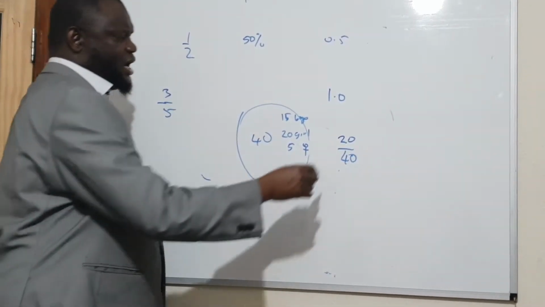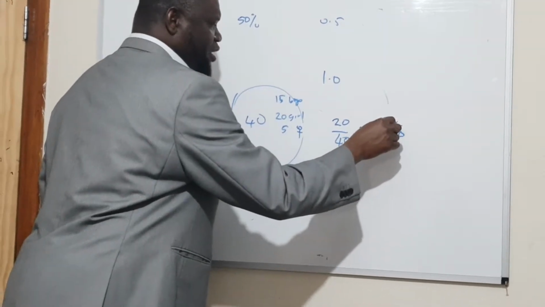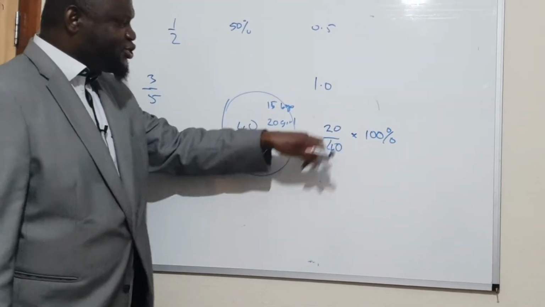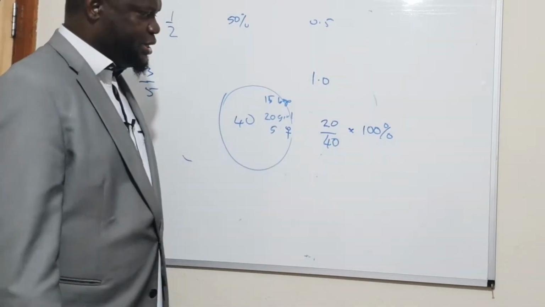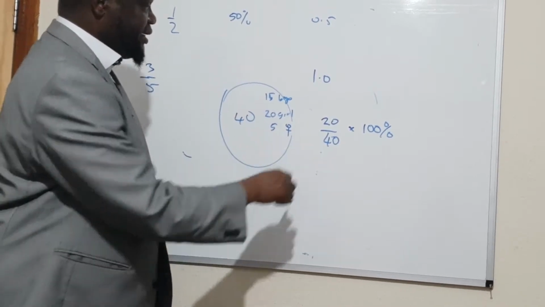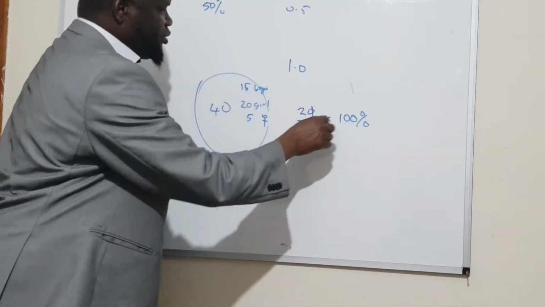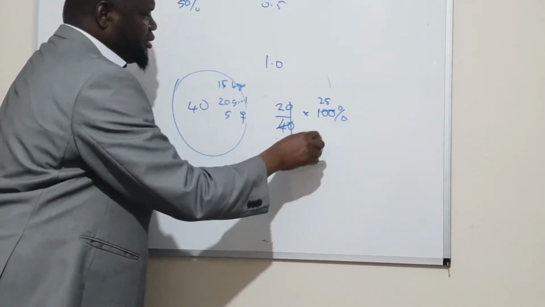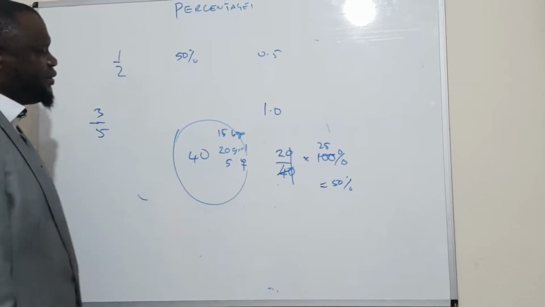Now, to convert it into a percentage, you multiply it by 100, because you want to find what fraction of that is a percentage. That's all about basic percentages. The 0 will cancel 0. 4 goes into 100 25 times, that's 50%. So 50% are girls.